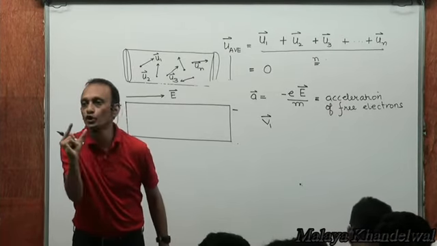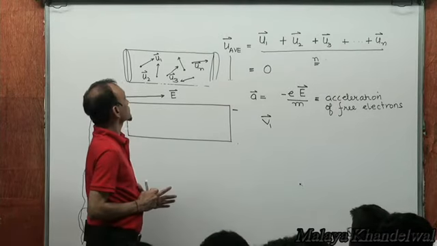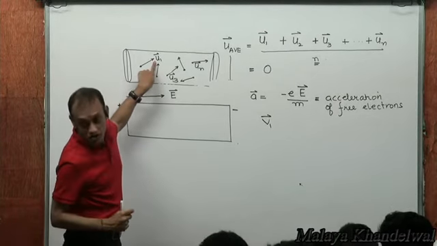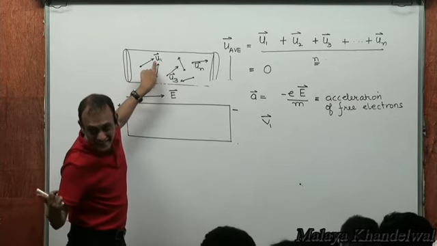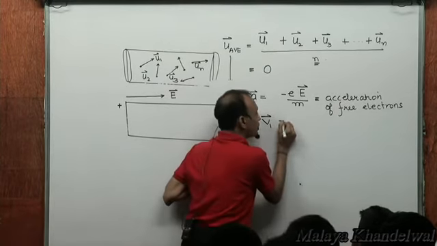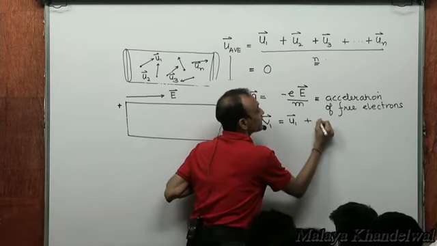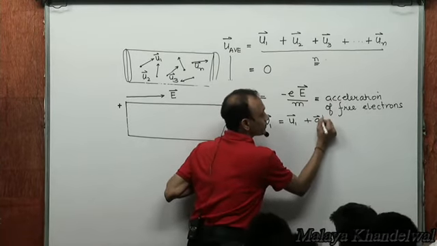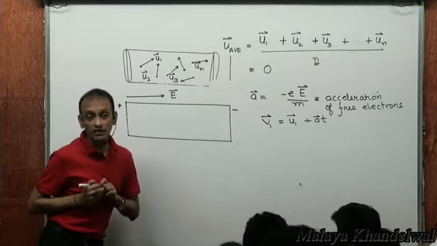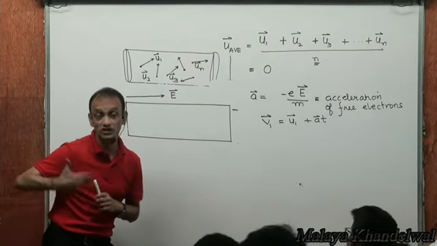Right? The velocity, let's say, of one of the electrons, whose thermal velocity was u1, T seconds later, before its next collision, is going to be the initial velocity u1 plus a into T. In the case of constant acceleration, the velocities of the electrons will get changed, right?